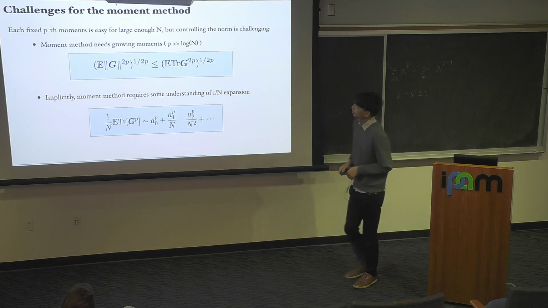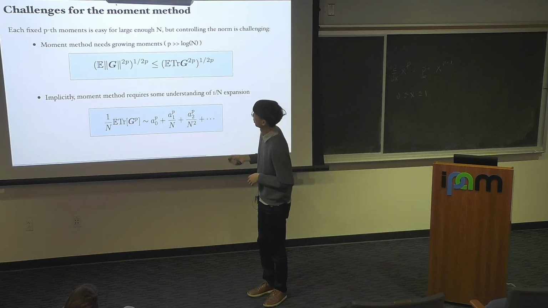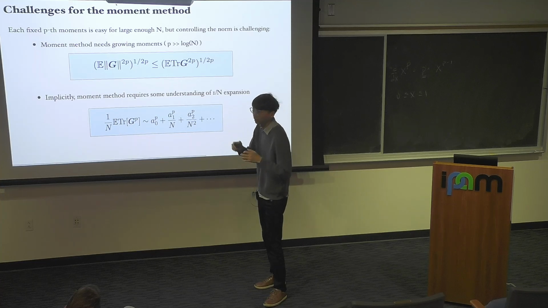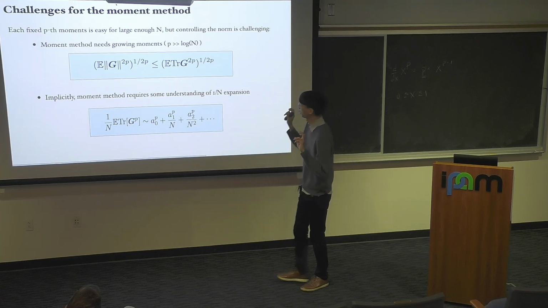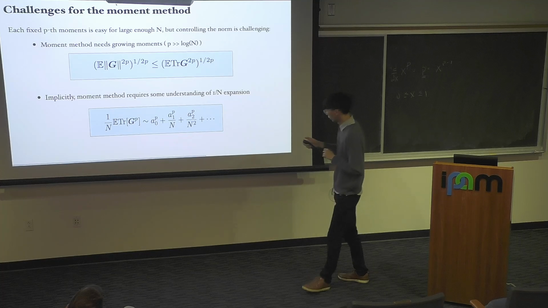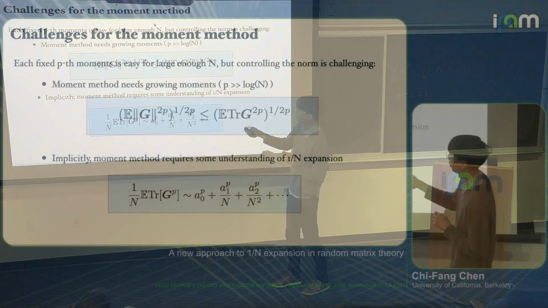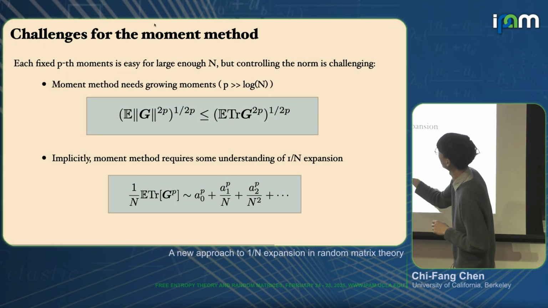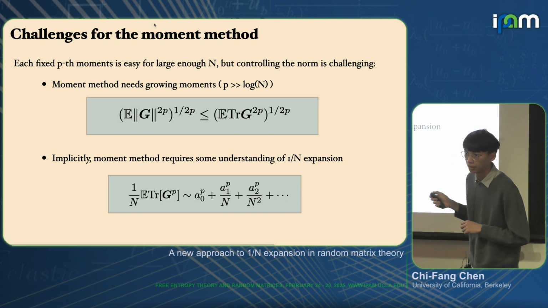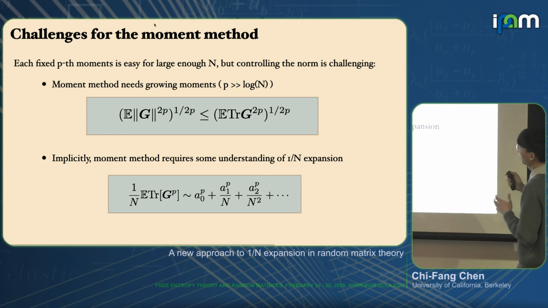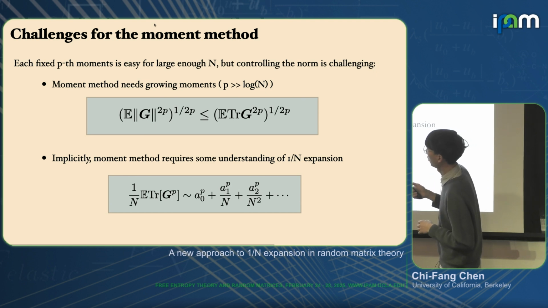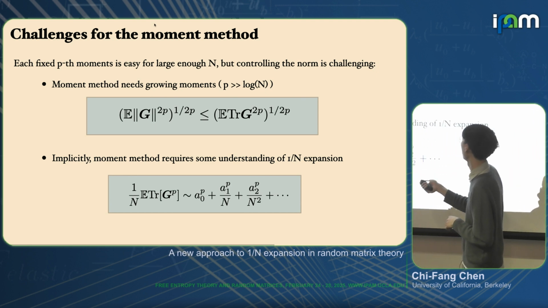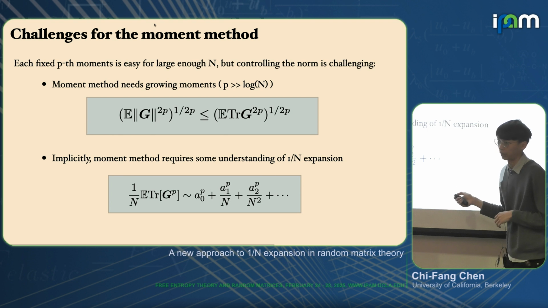So suppose you want to do this moment method. Usually it's okay if you have fixed p and let n be large. That's the weak convergence kind of regime. However, if you want to control the norm, you actually need slightly growing moments, and you invoke this nice inequality. But what you're implicitly assuming is that you somewhat know what this 1 over n expansion looks like.